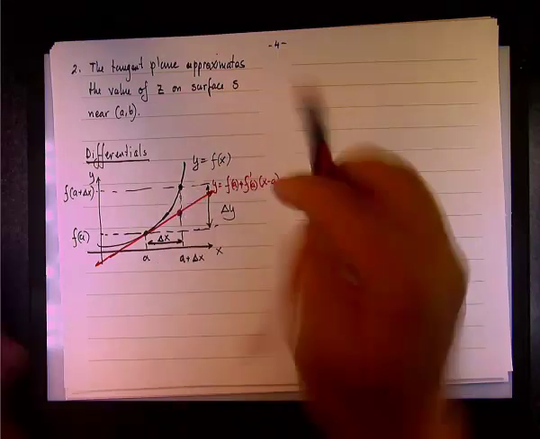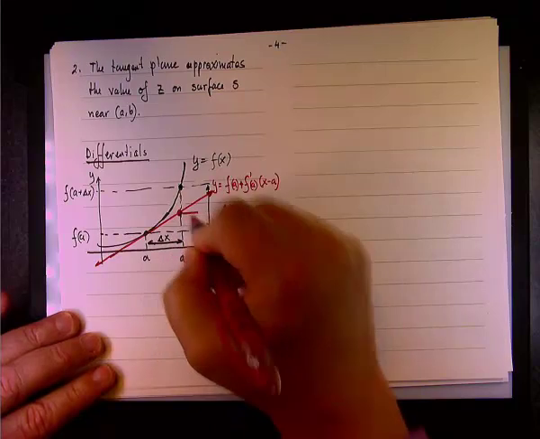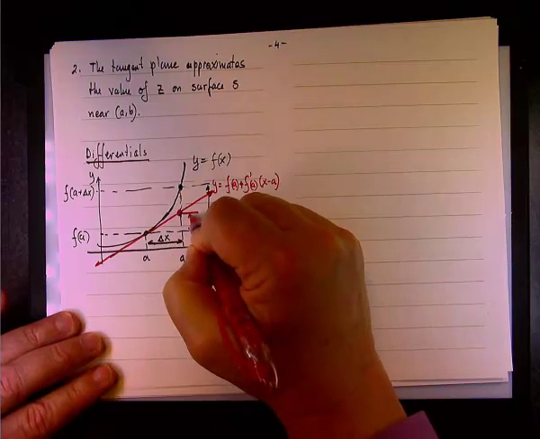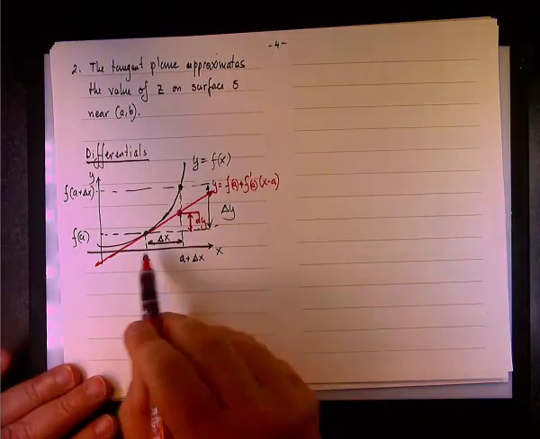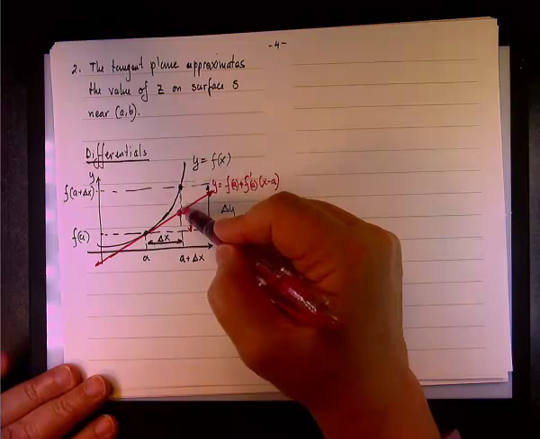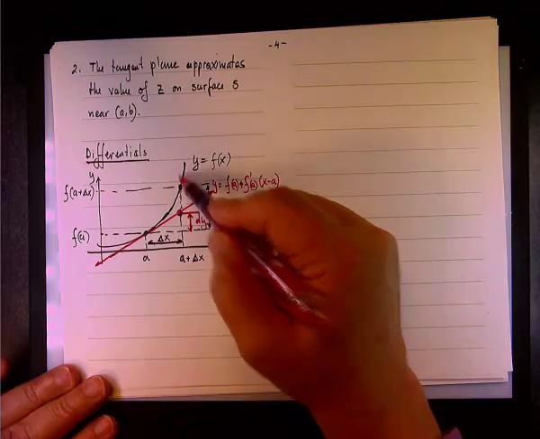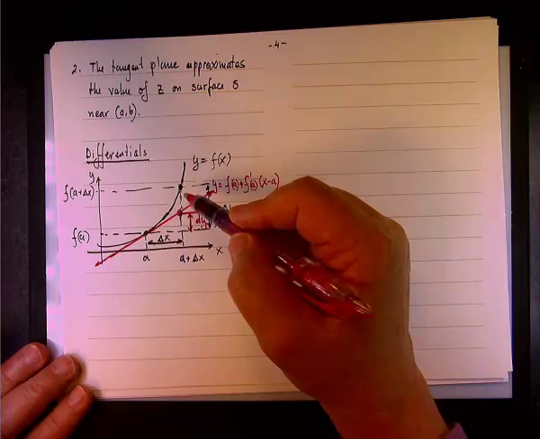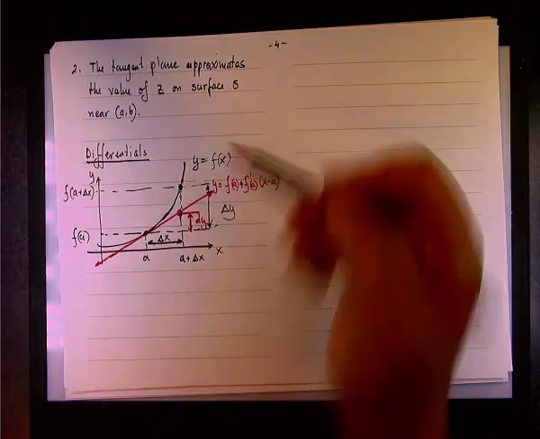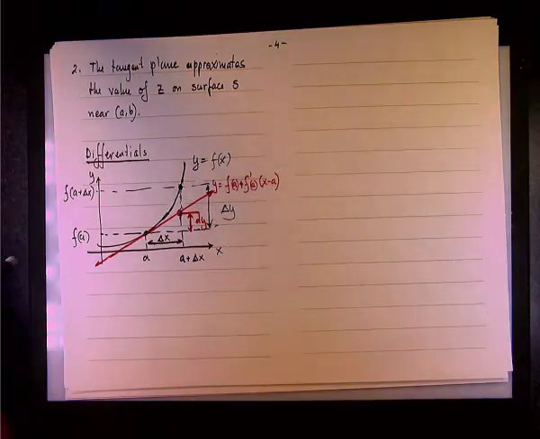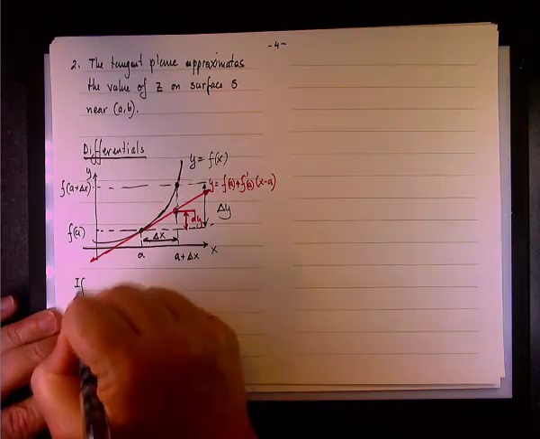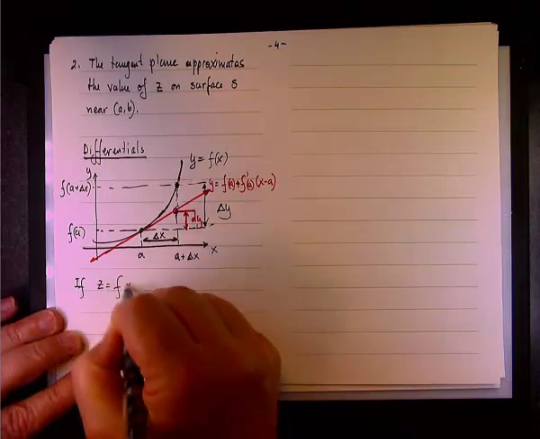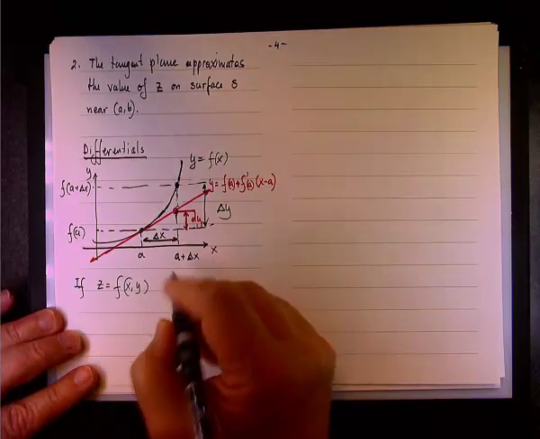Instead of evaluating y, or f of a plus delta x, we evaluate the tangent. So this vertical interval is dy. And you can see that if we make delta x smaller, these two points, the point on the curve and the point on the tangent, come close to each other.